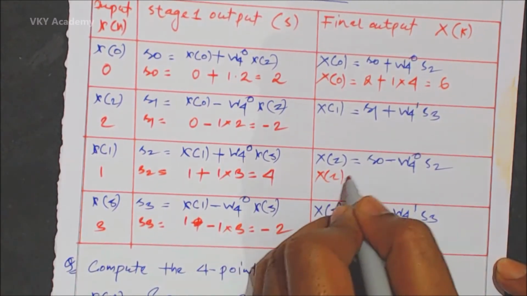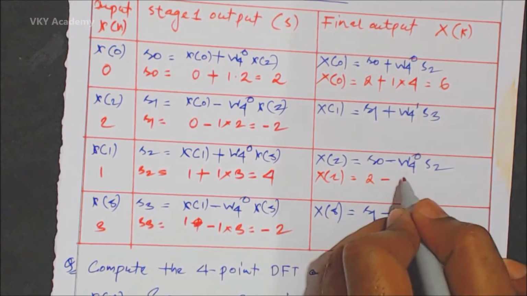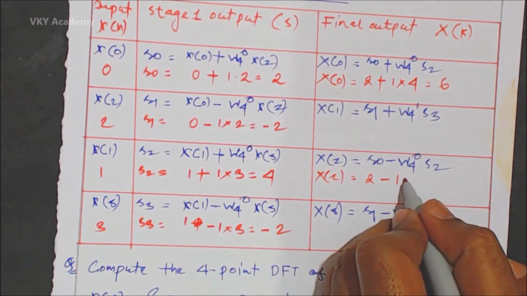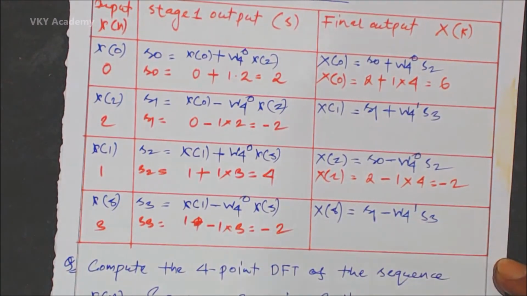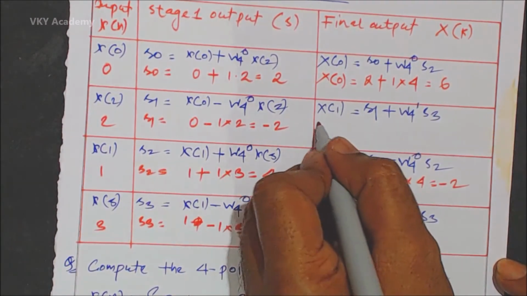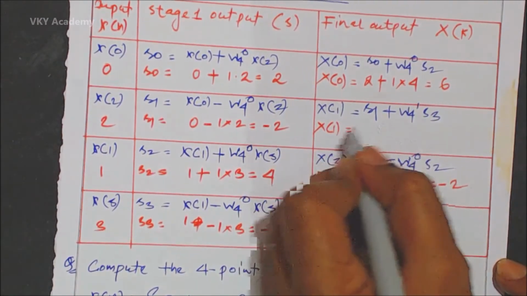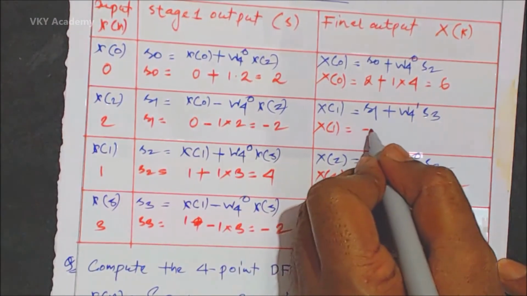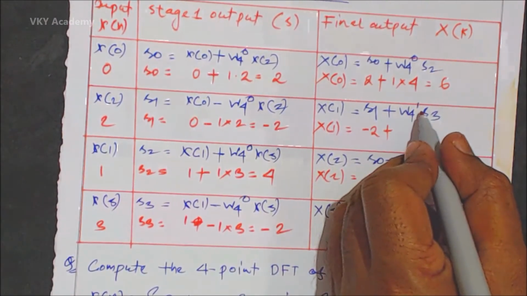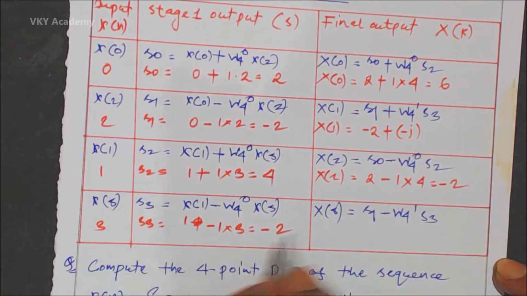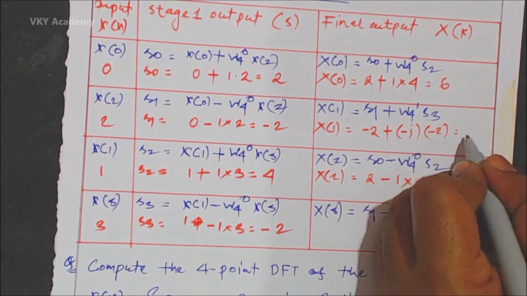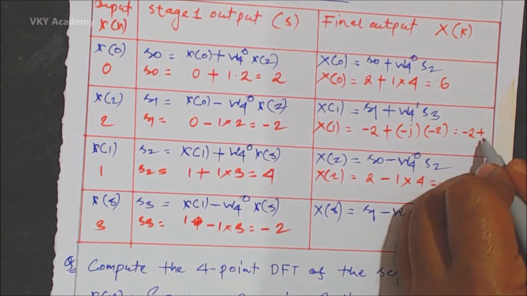Capital X2 is S0, which is 2, minus W4 to the power 0 is 1 into S2, which is 4. So this is minus 2. Let us find out capital X1. Capital X1 will be equal to S1, which is minus 2, plus W4 to the power 1, which we have calculated already, that is minus j, into S3, S3 is minus 2, and it will be minus 2 plus 2j.